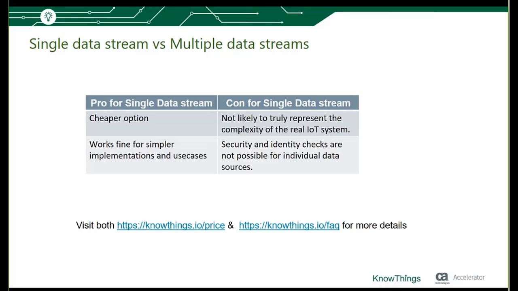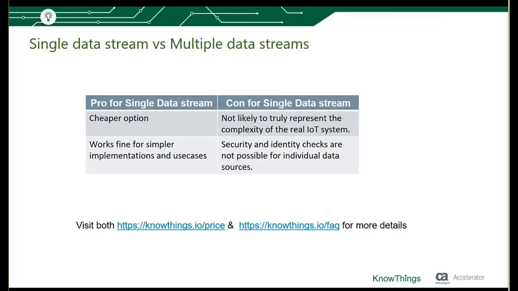The other disadvantage to mention is that when you create a data stream, it has an identifier. That provides the ability to do additional security and identity checks, which is not possible if you create a single data stream to treat the whole device, not as individual data sources.